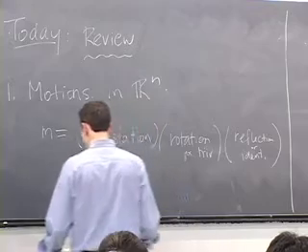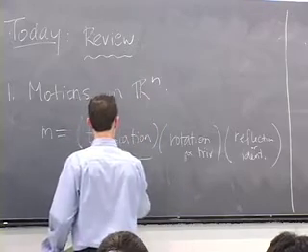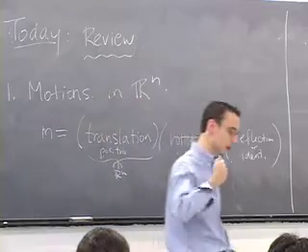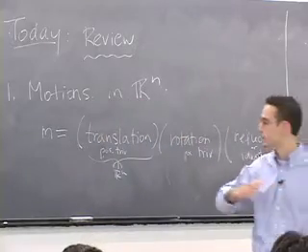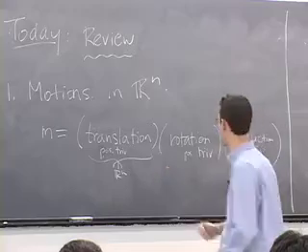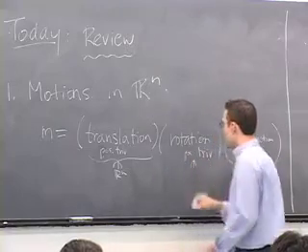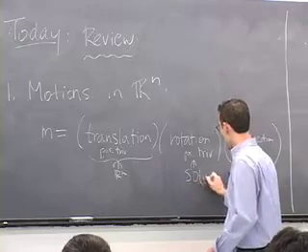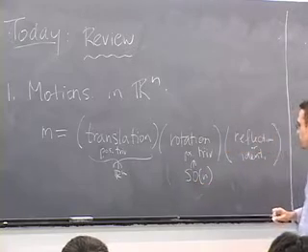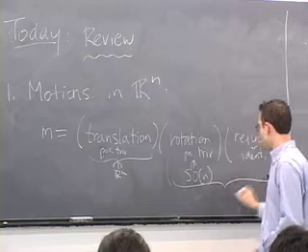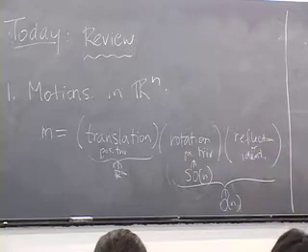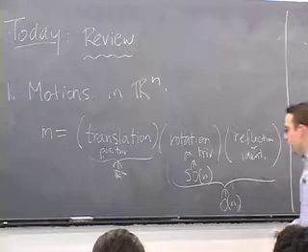So for instance, a translation looks like an element of Rn. You're just choosing where you want to translate the origin to, and that determines where every other point is translated to. The things that we called rotations were these things in the special orthogonal group, which arose as the kernel of the determinant map in the orthogonal group On.